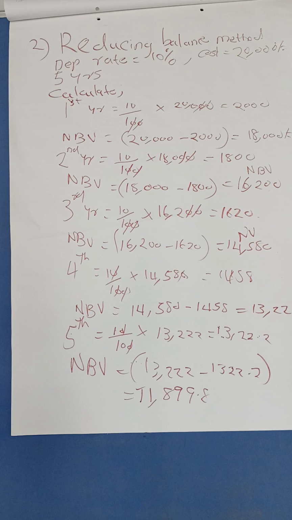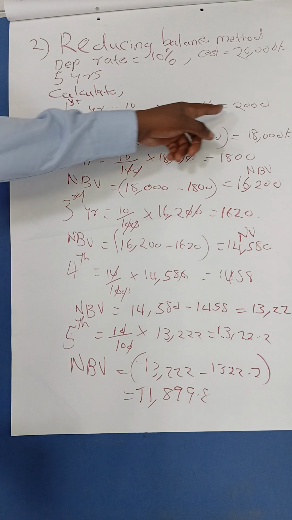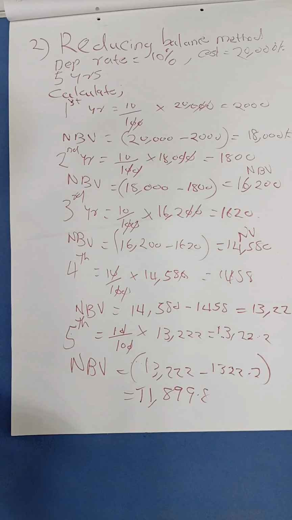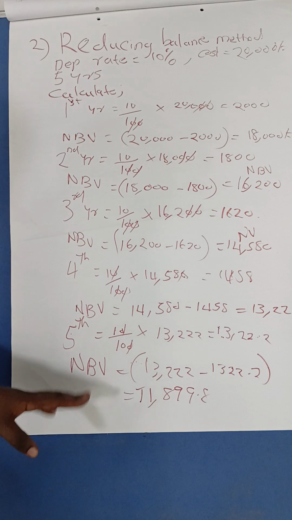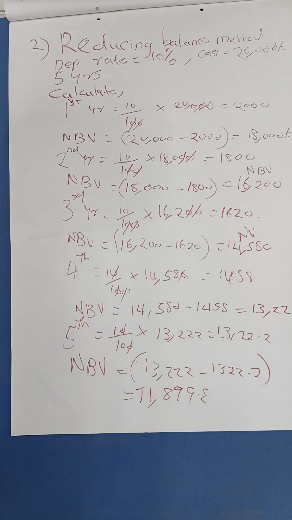Then at the end of the day, you can get the accumulated depreciation of those 5 years, where you add the first year, second year, third year, up to the fifth year: 2,000 plus 1,800 plus 1,620 plus 1,458 plus 13.22.2.